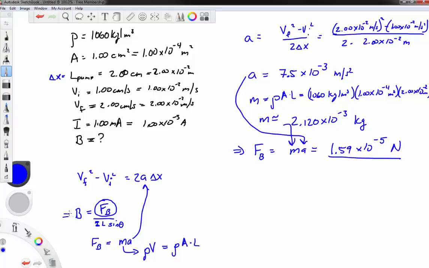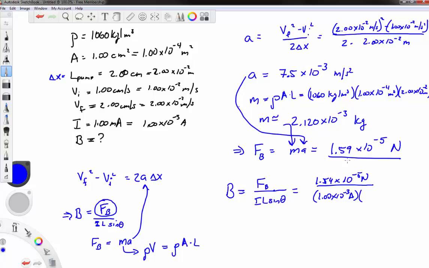Okay, so now we're on to the last step, how to get the B field. B is F_B over I L sine theta, so the magnetic field is going to be 1.59 times 10 to the minus 5 newtons divided by the current, which is given as 1.00 times 10 to the minus 3 amps, times the length.